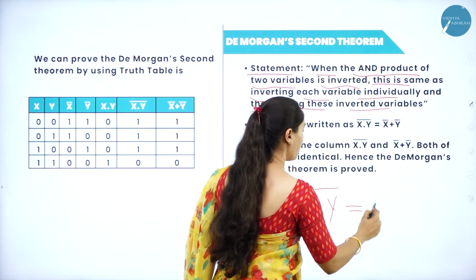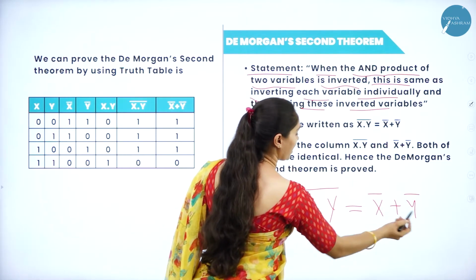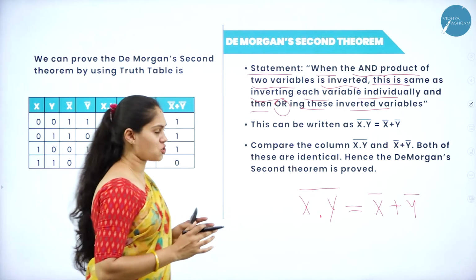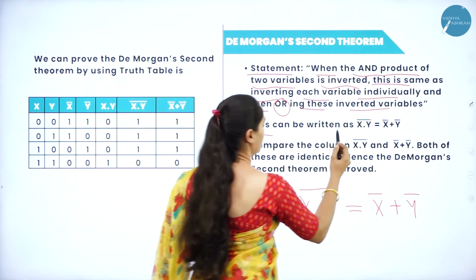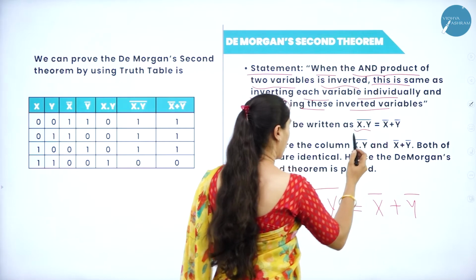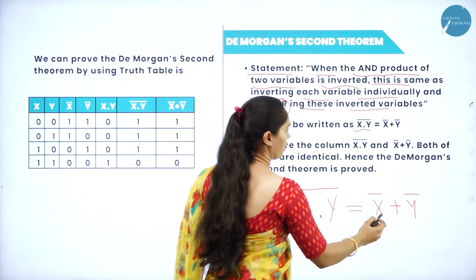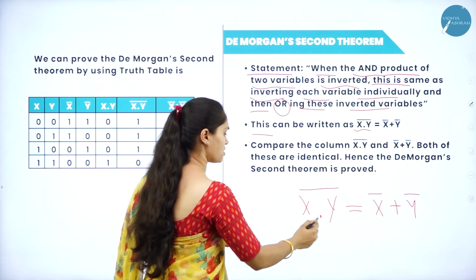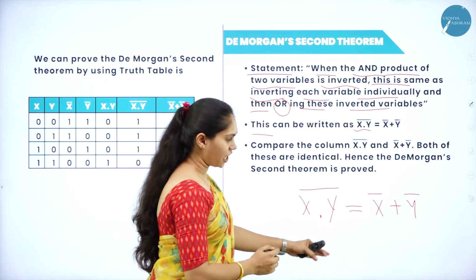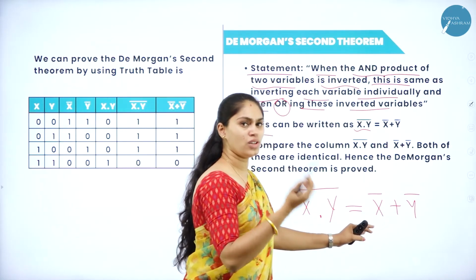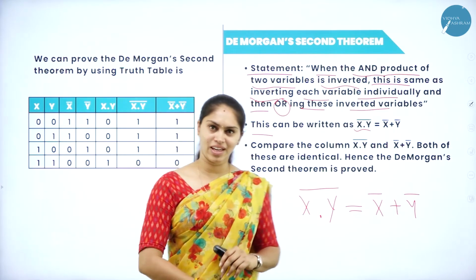So it can be written as (x dot y) whole bar is equal to x bar plus y bar. This is the NAND gate, which is equal to the sum of two individually inverted variables.